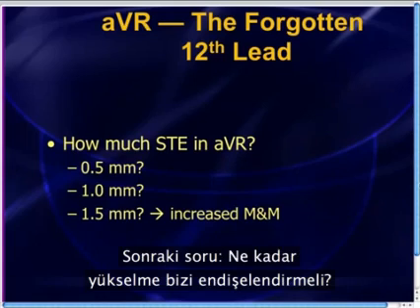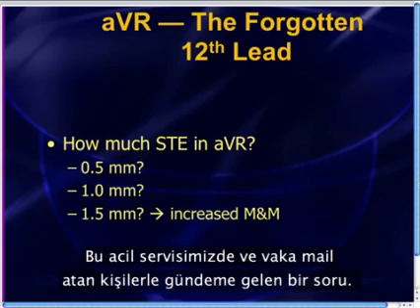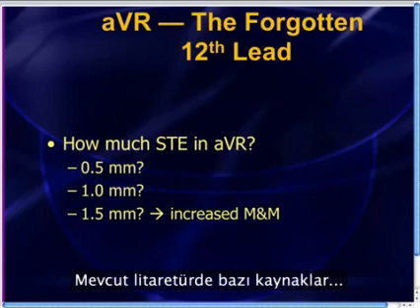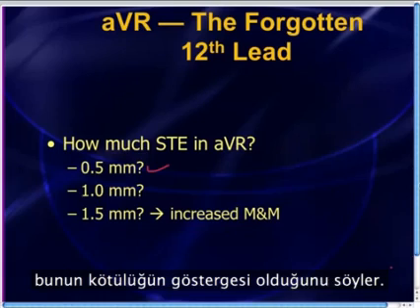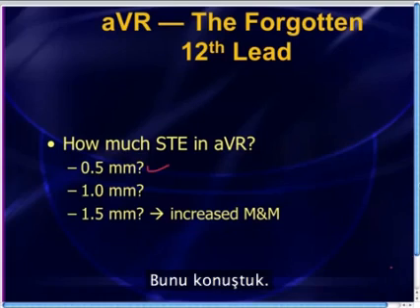Next question that comes up, how much elevation should you be concerned about? And this is oftentimes an issue that comes up in our ED, and people will email cases. Some of the literature out there will actually indicate that if you have as little as 0.5 millimeter of elevation in aVR, it's predictive of the badness that we've talked about.